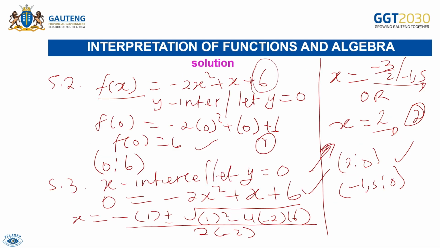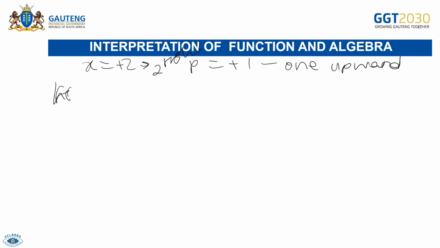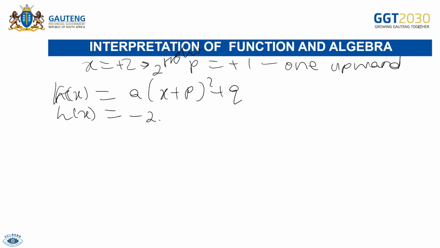You'll see why I am doing all of that. So I said x equals positive 2, and then p equals positive 1. This is 1 unit upward, and this is 2 units to the right. So they said we must give our equation in the form a into x plus p squared plus q. So I do know my a, it is negative 2.